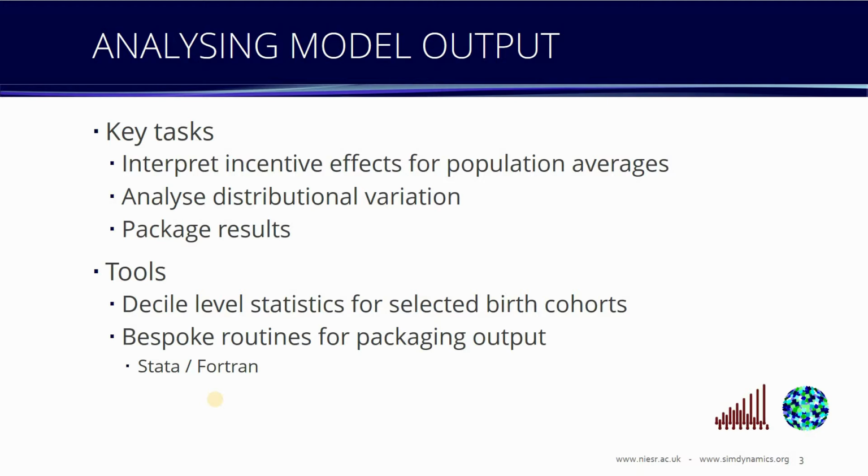Basically, a key justification or motivation for using this type of model is that it allows distributional analysis to be undertaken. More specifically, the idea is that it accommodates the possibility that responses to a particular policy counterfactual vary non-linearly across the population.